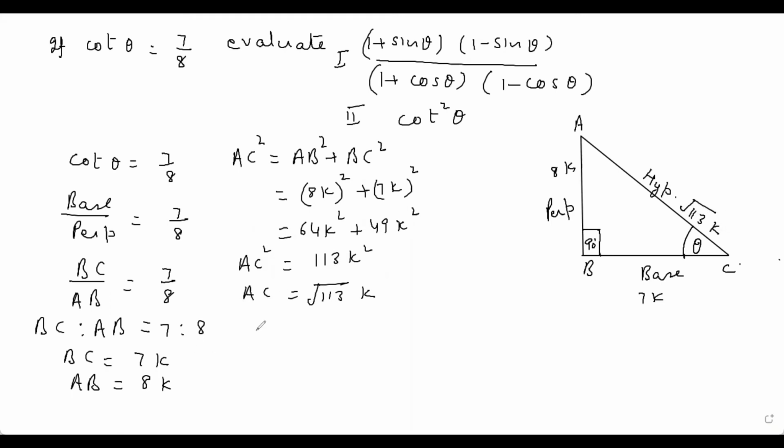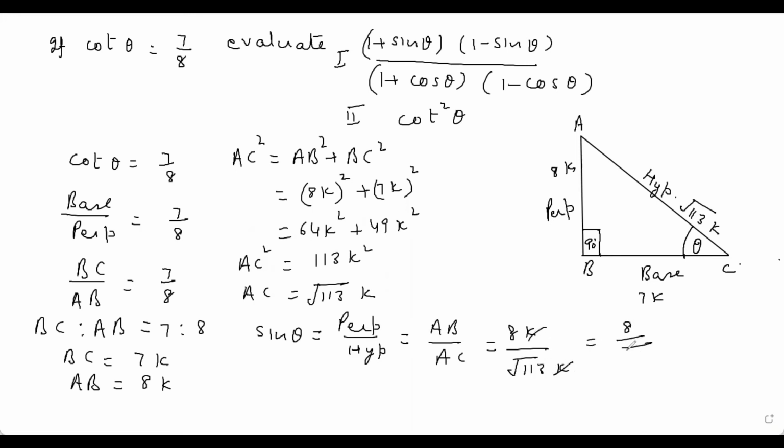Now I'm going to find sine theta. Sine theta is perpendicular upon hypotenuse. What is perpendicular? That is AB. What is hypotenuse? That is AC. AB is equal to 8K upon root 113K. That is equal to 8 by root 113. Now I am to find cos theta.